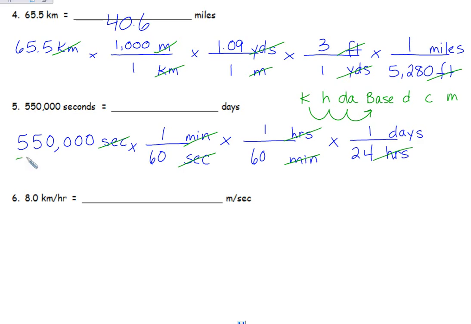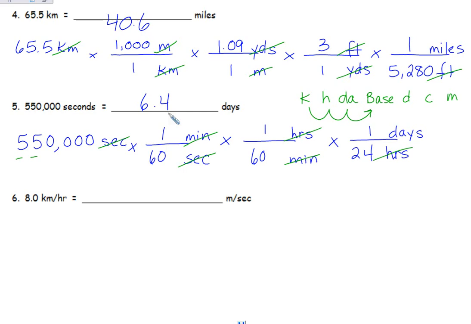So let's just round this to 2. I plug all this in my calculator. It's full of garbage. But how nice to just leave your answer as 6.4. And if we wanted to get real picky, we could figure out how long 0.4 days is, how many hours is that, all that good stuff. For now, I'll just leave it as 6.4.